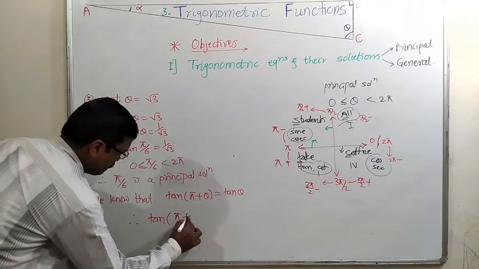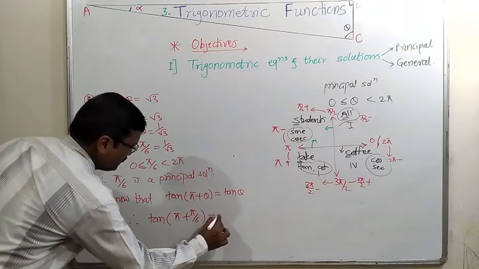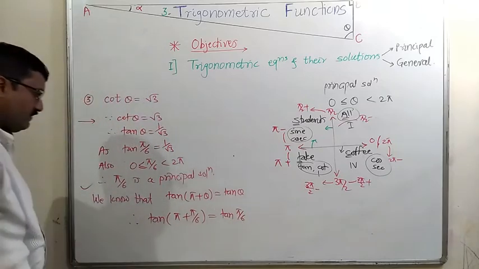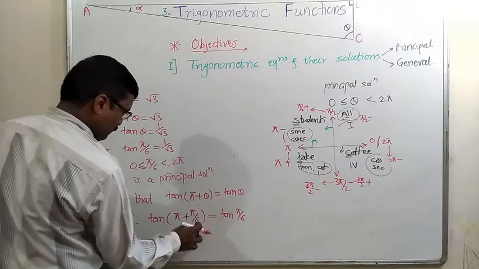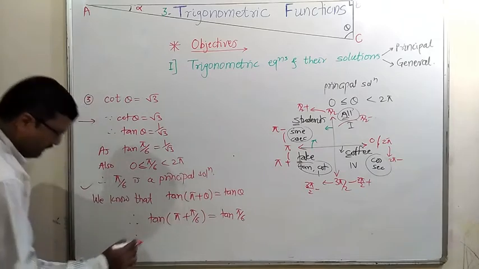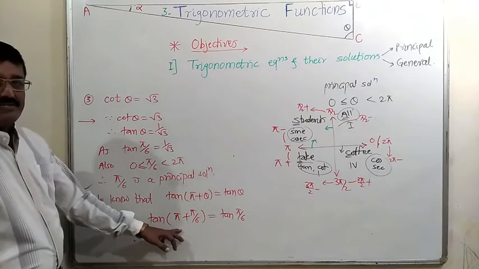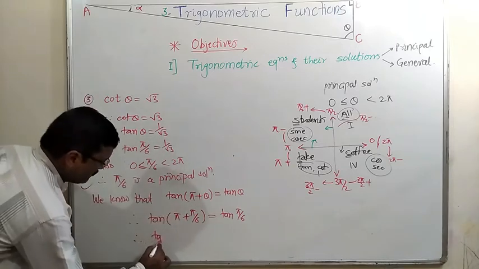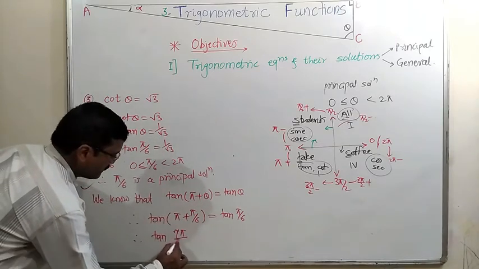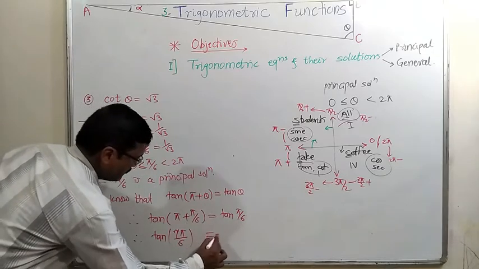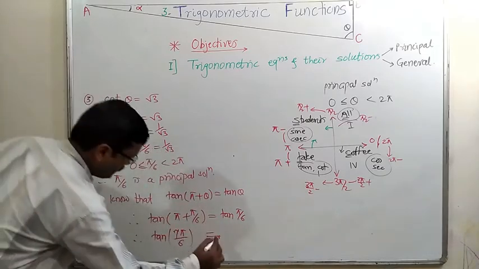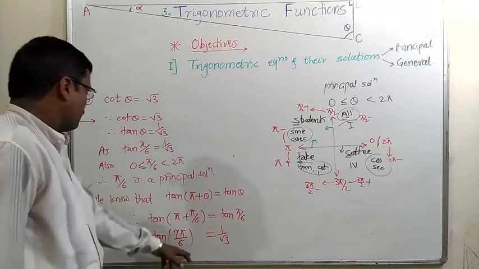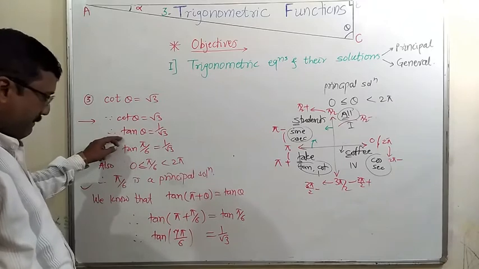So tan of pi plus pi by 6 is equal to tan pi by 6. What is pi plus pi by 6? It is 6 pi plus pi over 6, that is 7 pi by 6. So tan of 7 pi by 6 is equal to tan pi by 6, which is already known, 1 upon root 3. So this is another angle which satisfies this equation.